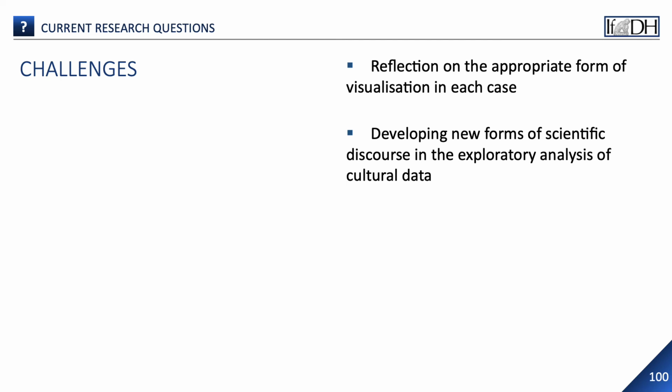It would be desirable if not only the diagrams were printed here, but more and more often the data were also made available for one's own exploration. From this, entirely new forms in scientific discourse could develop.